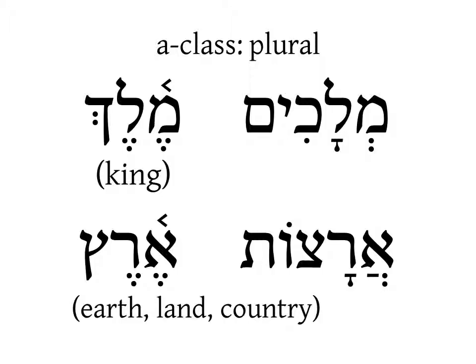It requires one of the composite shavas, in this case, patach. In the second place, eretz is a feminine noun, an endingless feminine noun in the singular, so in the plural it will take ot, not im. So eretz becomes aratzot.